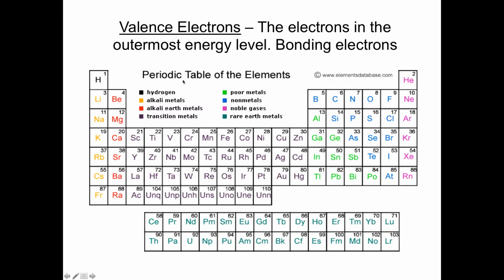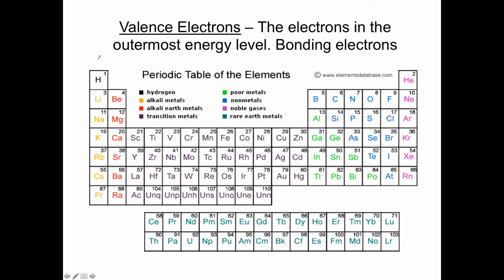Here's what I want you guys to do. On your periodic tables, if you want to go ahead and just pause for a second and take it out, you can do that. I'm going to add something to this picture here, and I want you to actually add it to your periodic tables. It'll make it a lot easier for you to remember how many valence electrons different elements have. So hopefully by now you have your periodic table out.